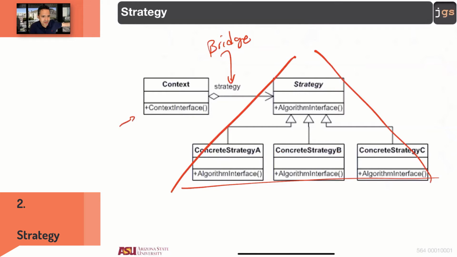The something else could be another family, just like with the bridge. The something else could be one class alone. The pattern is telling you, I don't care what one of the sides of the bridge is. But the second one is going to be a family.